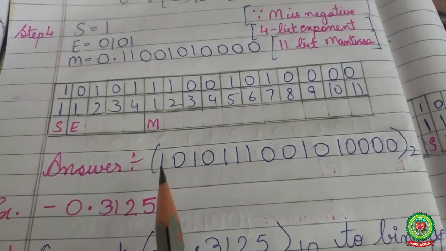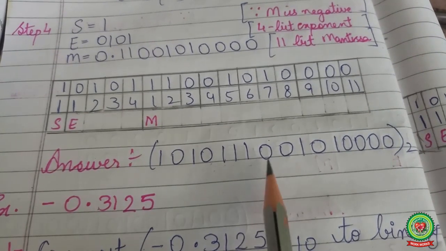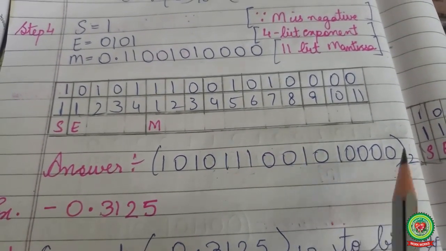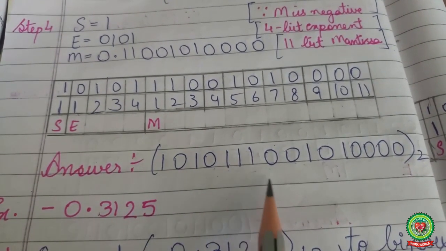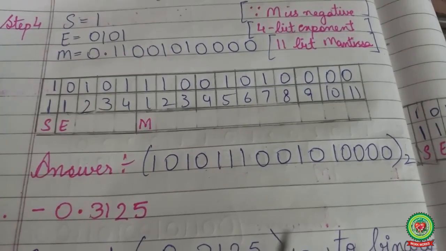My answer is 101010010101000, which is the 16-bit memory representation of the binary number -11001.01 base 2.